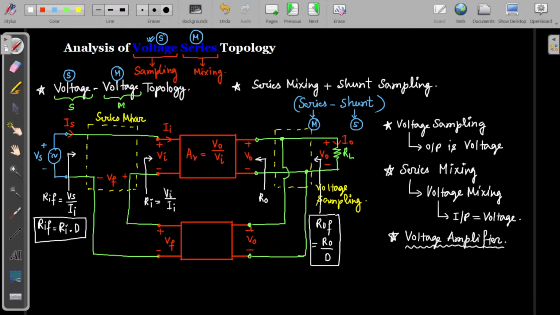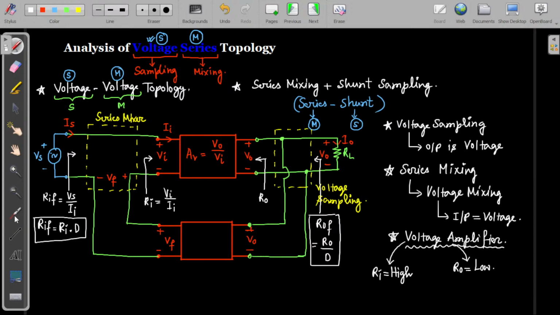That's why in the voltage amplifier, आपको मैंने बोला था, in the previous classes we have discussed voltage amplifier, current amplifier, trans resistance amplifier, trans conductance amplifier, all these things. So voltage amplifier वाले केस में, the input impedance was high, but the output impedance of the voltage amplifier was low. Why was it low?